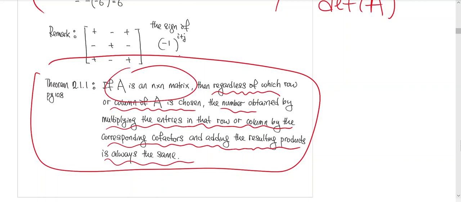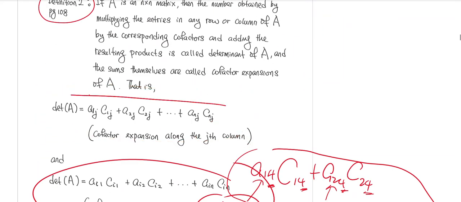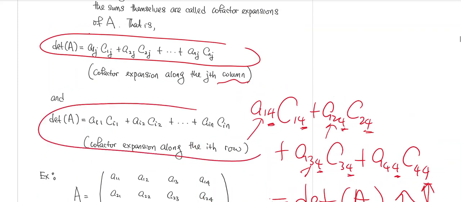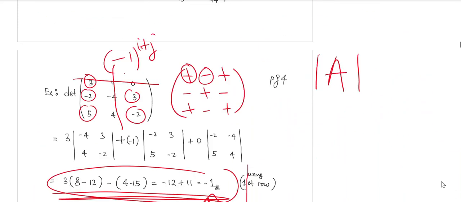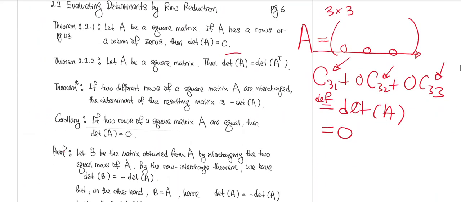This gives us a way to compute a determinant, which is either you expand it along the column or you expand it along the row. It doesn't really matter. It always gives you the same answer. One consequence of that is that the determinant of the matrix A and the determinant of A transpose are the same. Let's say you choose the second row of this matrix and perform the cofactor expansion along the second row.